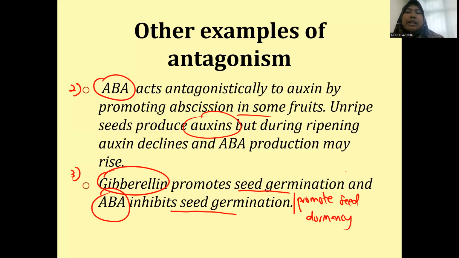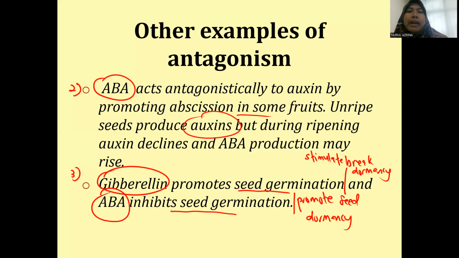Gibberellin promotes seed germination or breaks dormancy, stimulating the seed to break the dormancy, right? While ABA inhibits seed germination, or we can say promotes seed dormancy. So you can see the antagonistic function between gibberellin and ABA.